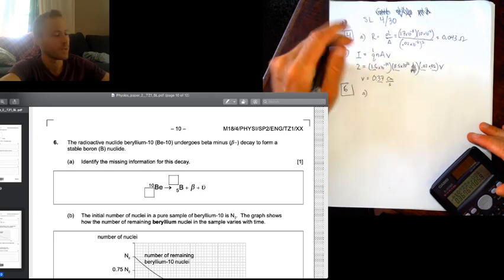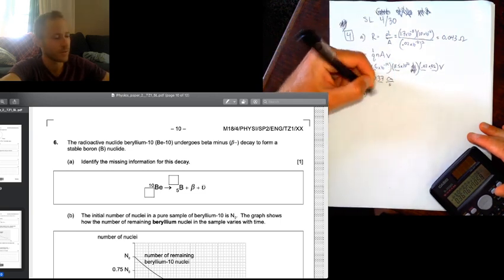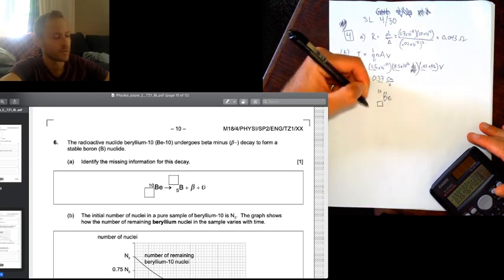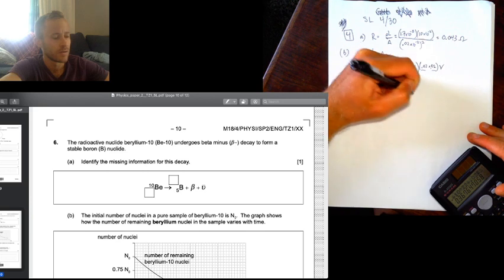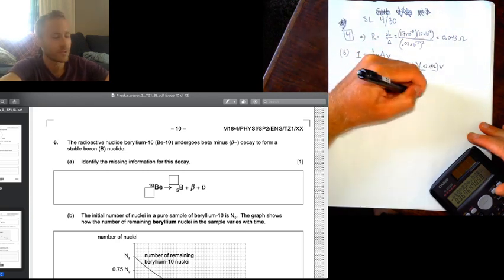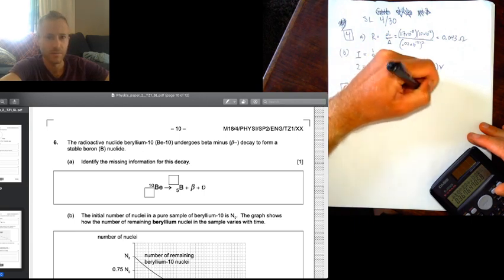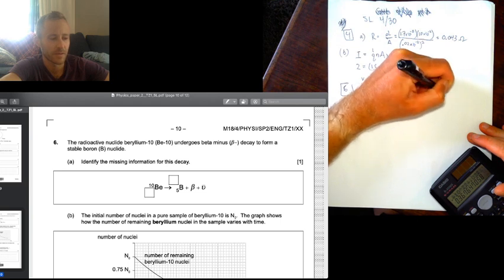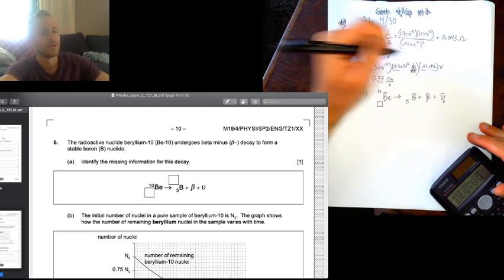Identify the missing information in this decay. So let me write it out. Beryllium goes to boron plus, it's a beta minus, plus an anti-electron neutrino.